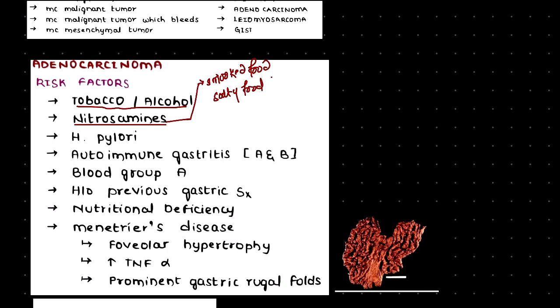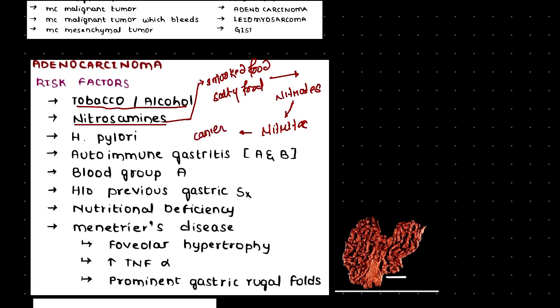They are a source of nitrates, and these nitrates will be converted into nitrites or nitrosamines, which are so prone to cause cancer.